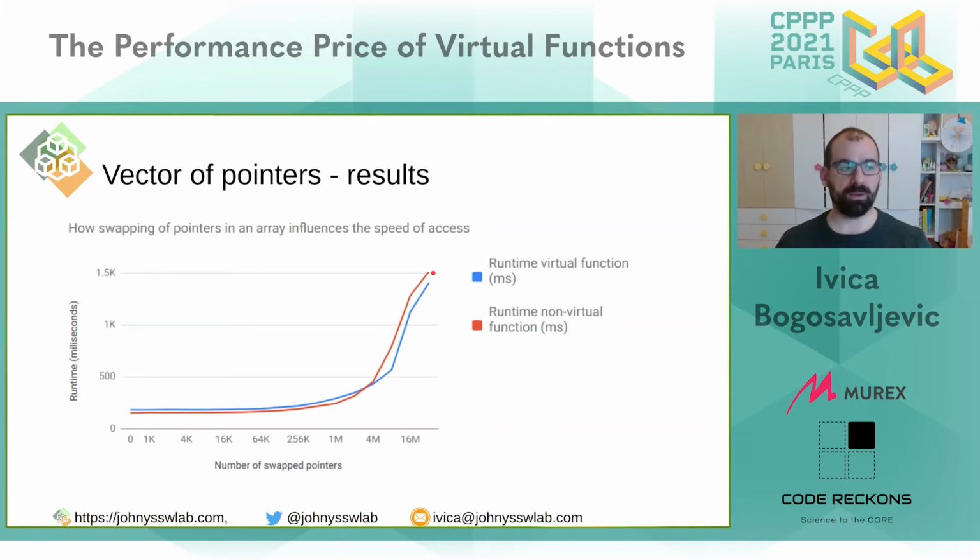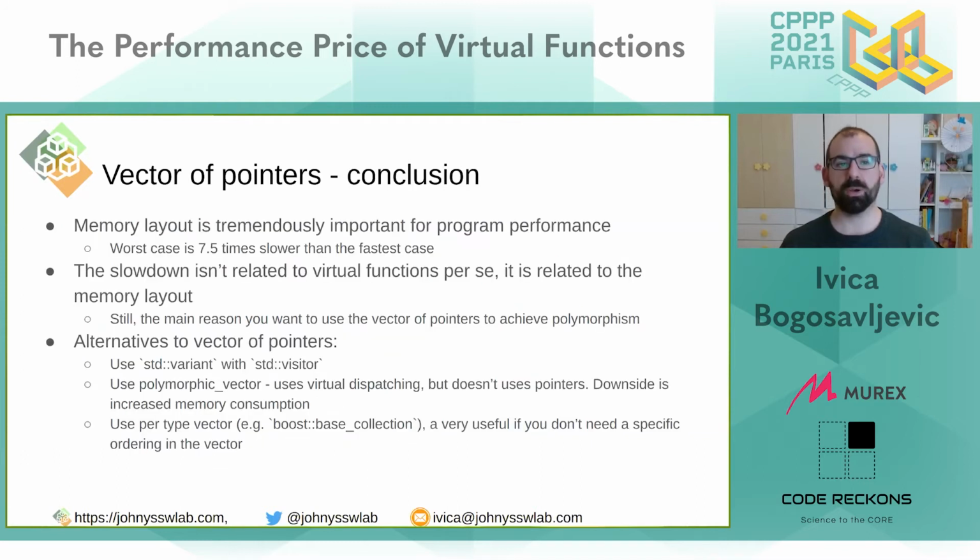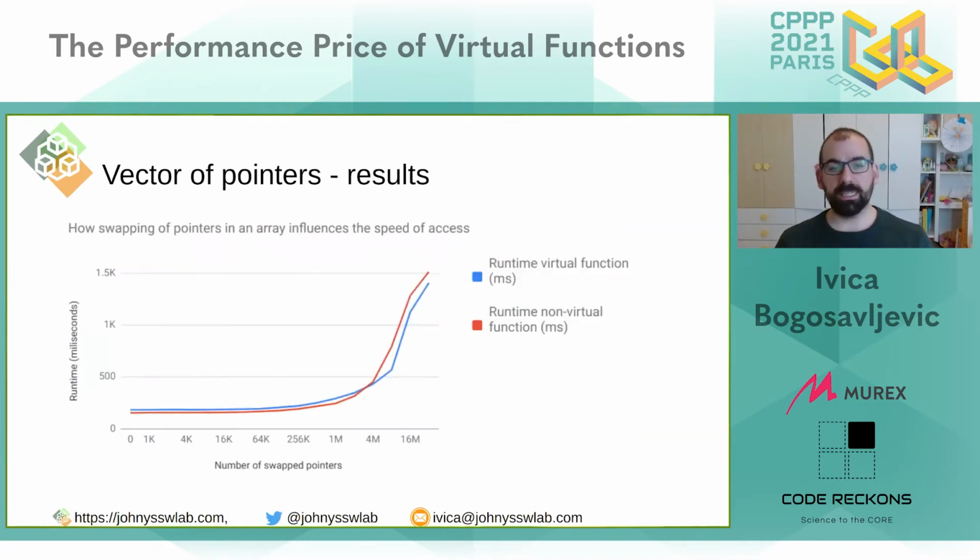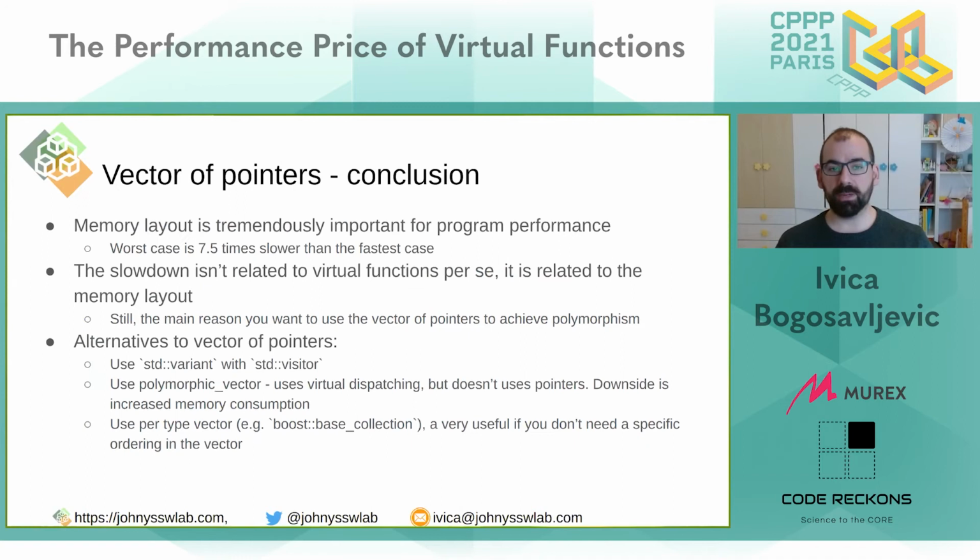So it's about 7 times slower. As you can see in this graph, the memory layout is tremendously important for program performance. The reason is that modern CPUs are much faster than the memories, so they have to wait for the data.